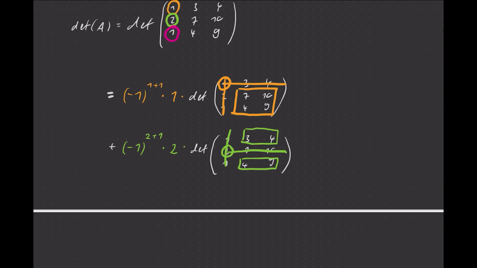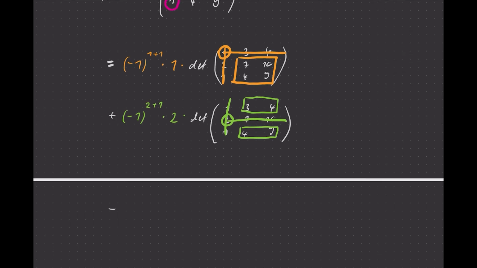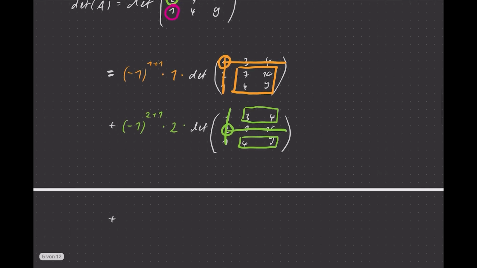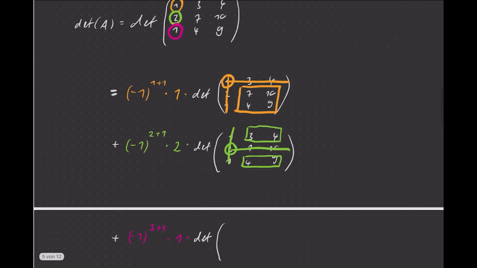And finally, let's also have a look at the last row. So here we have a minus 1 to the power of 3 plus 1. We're in the third row, that's where the 3 comes from, plus 1 for the first column. Times the actual entry, that is a 1 here, times the determinant of, let's copy that once again.